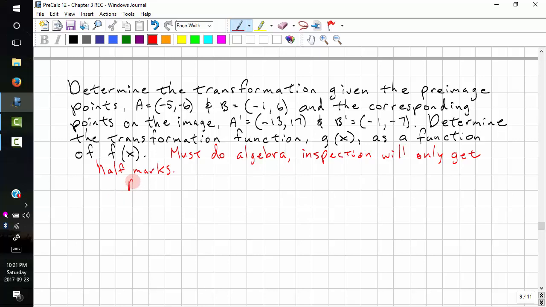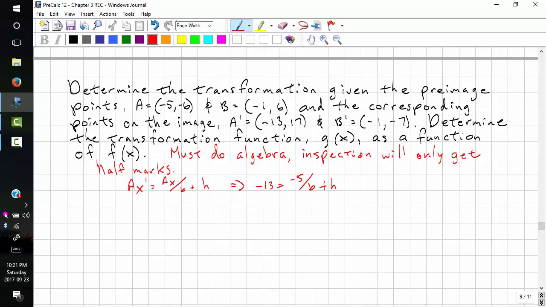We break up the coordinate into its x and y components. So ax prime equals ax over b plus h. So we're looking at this, ax and ax prime. This gives us -13 equals -5 over b plus h.